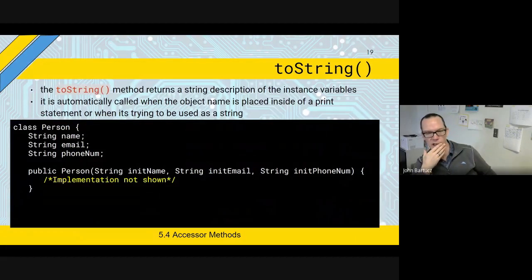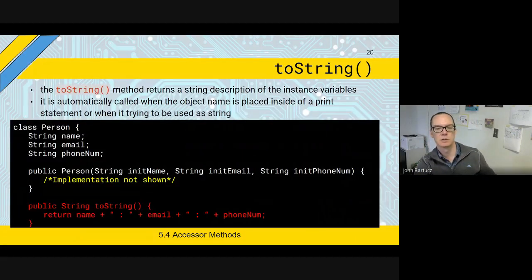So what we really want is something like this. We want to print out the name, the email, and the phone number when we print a person object. That seems reasonable. So we're going to create this special method called toString, and every Java object is allowed to have a toString method.